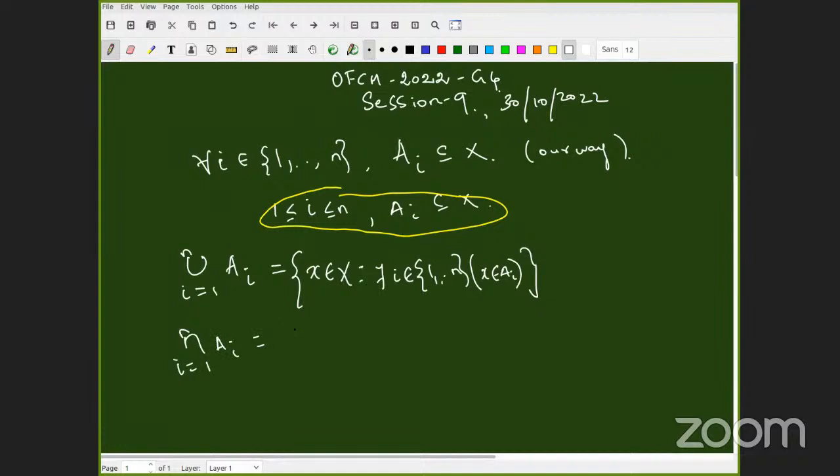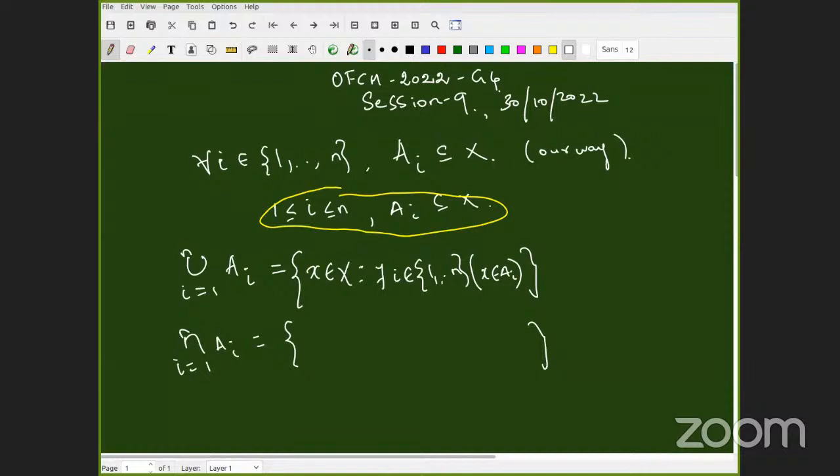intersection. Let's ask the same set of people. I'll clear all the feedback. Again, respond quickly. Within 20 seconds, I should see completed.